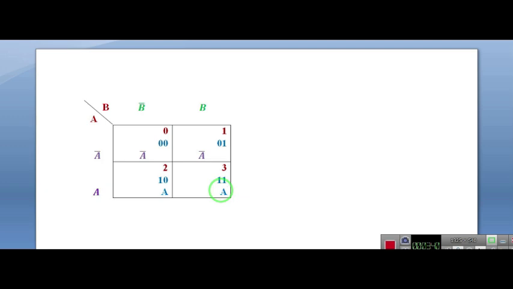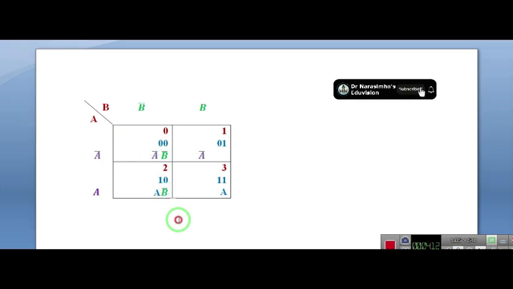So we have written the first digit of each cell, which corresponds to the row. Similarly, if you see column number 1, row number 1 and row number 2 both have the same symbol 0. So those are used to represent the complement of the B variable. The second value is B bar.